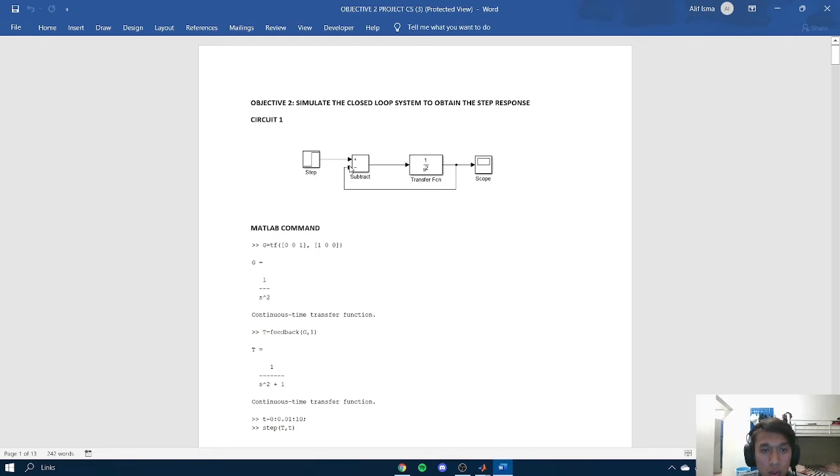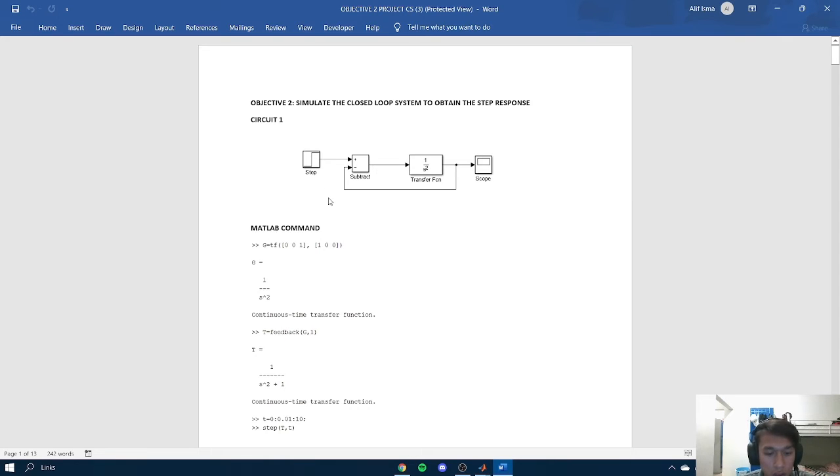For circuit 1, you need to do this circuit first, and then from the Simulink model, just click step, subtract, transfer function, scope, and drag all of them down here, and then connect them just like this.